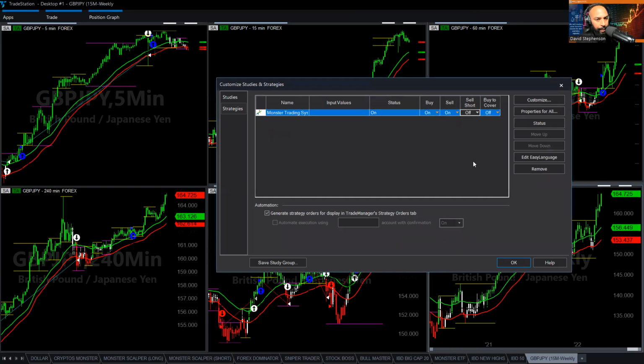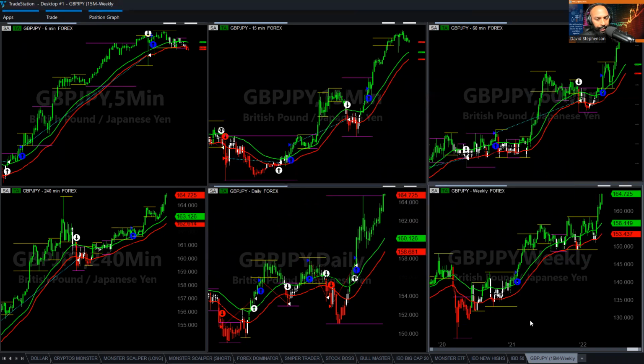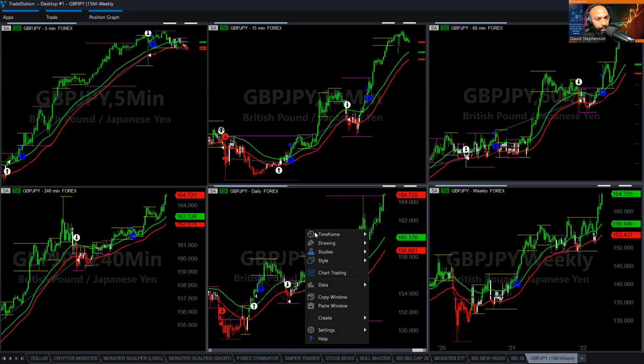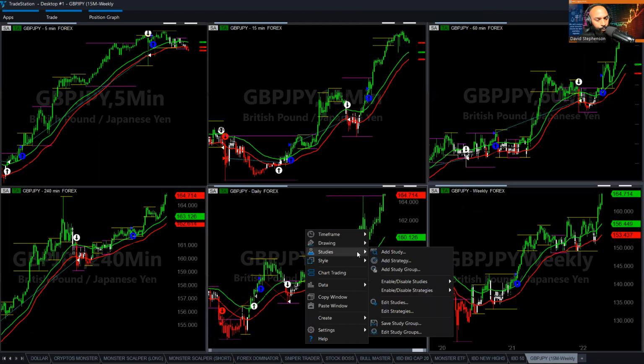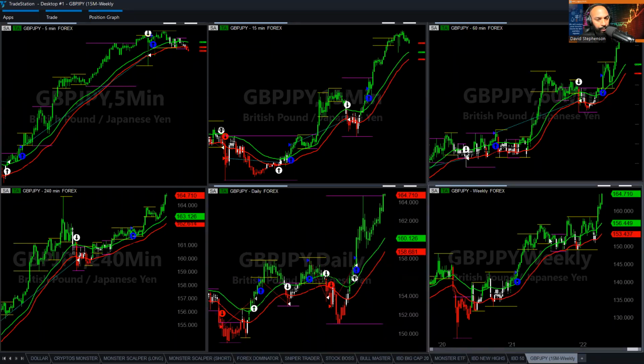What's nice is that with the system, we can look at the overall trend on the weekly time frame, which is in a markup phase. And what I like to do when we find a trend like this.